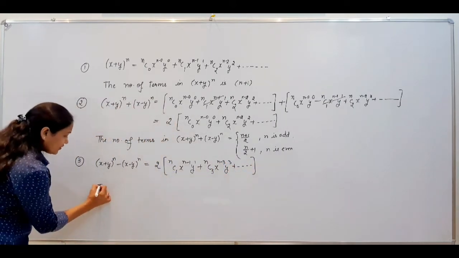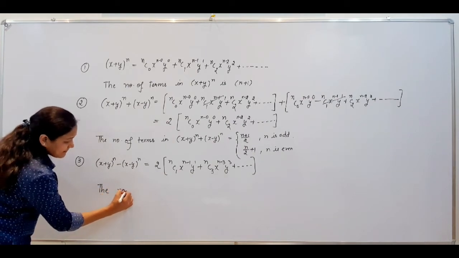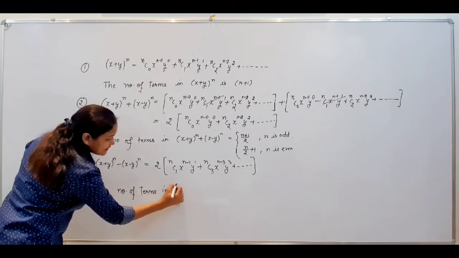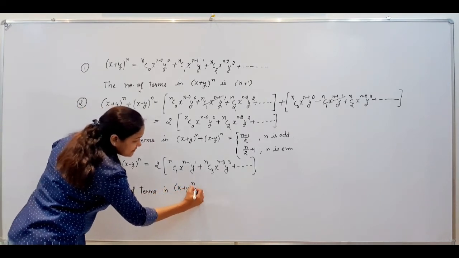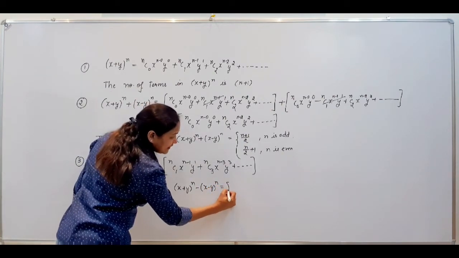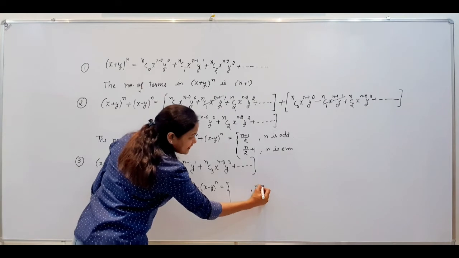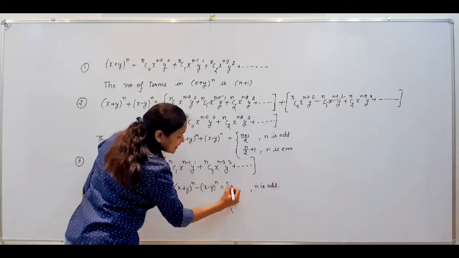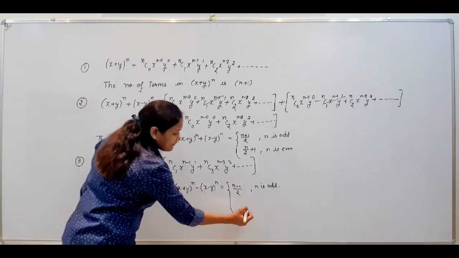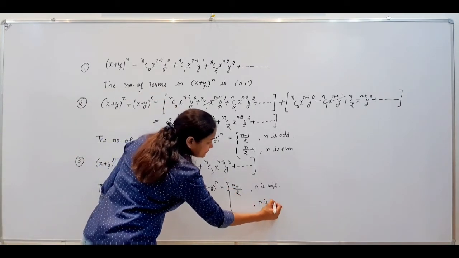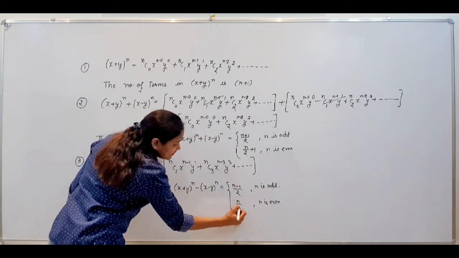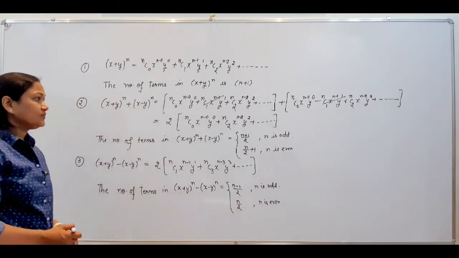So the number of terms in the expansion of x plus y raised to power n minus x minus y raised to power n will also depend on n. If n is odd, then your number of terms will be n plus 1 upon 2, and if n is even, your number of terms will be 1 less than this, so n upon 2.